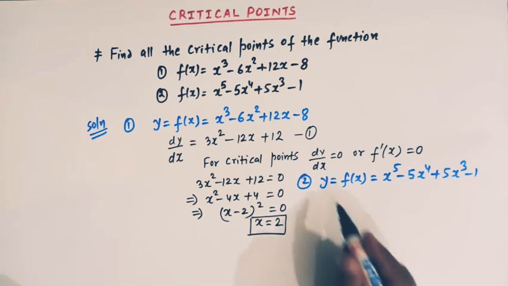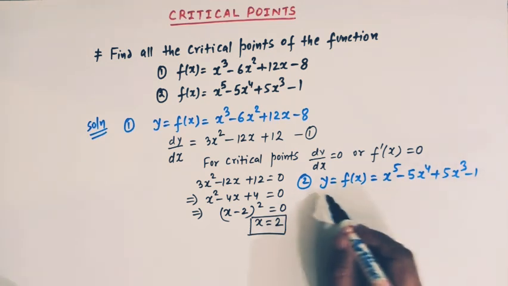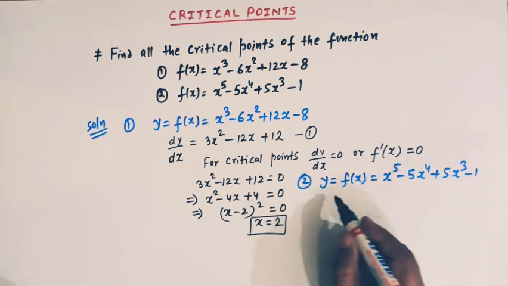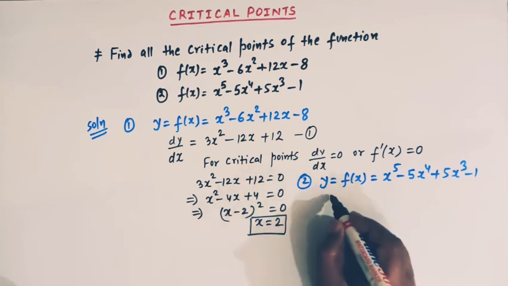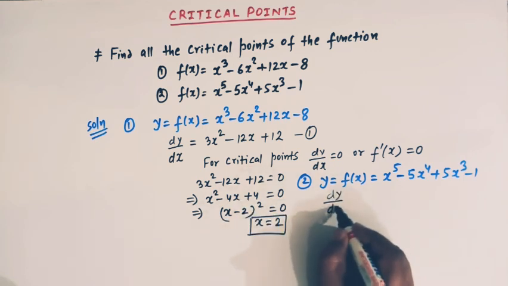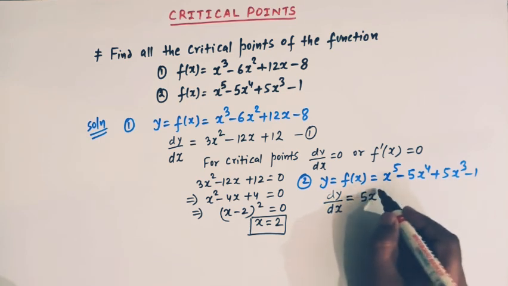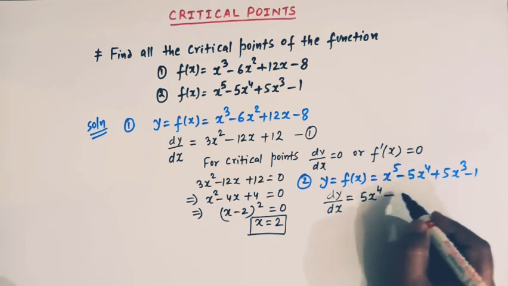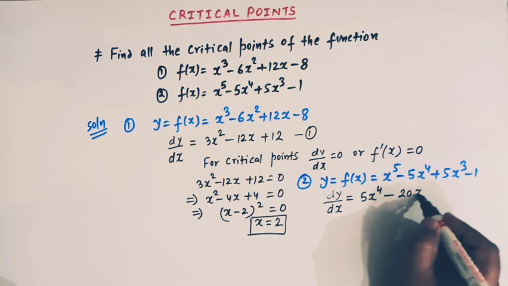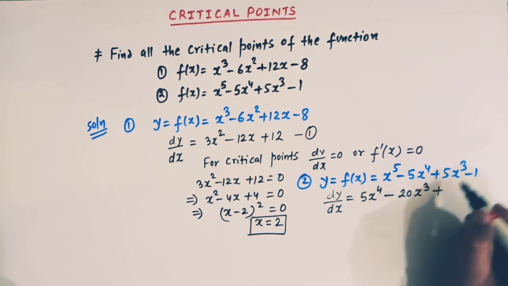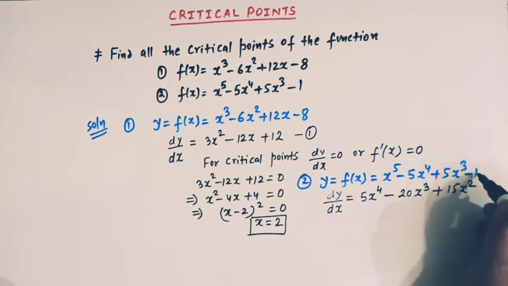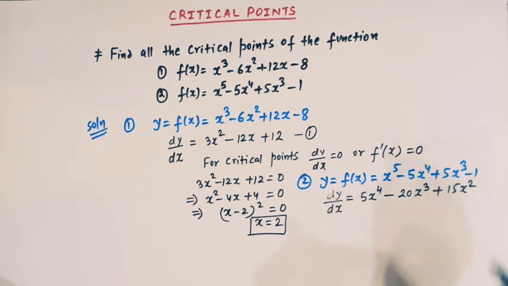Now let us take this problem. So here we have this function. So let us differentiate it. So dy over dx is 5x raised to 4 minus 20x cube plus 15x square, right? The derivative of 1 is 0.